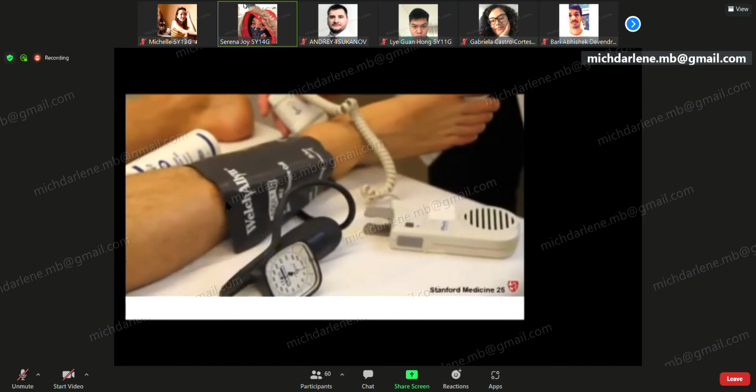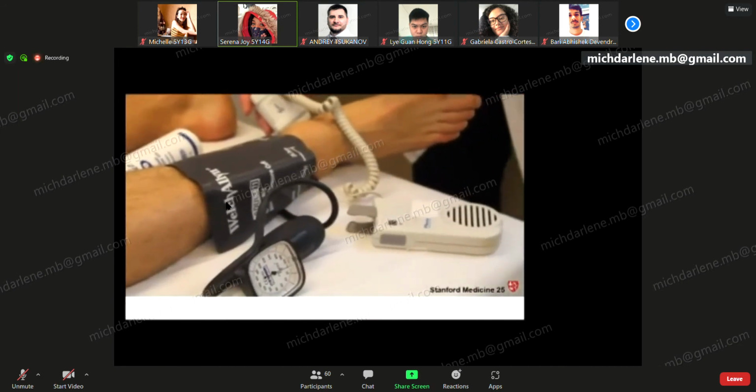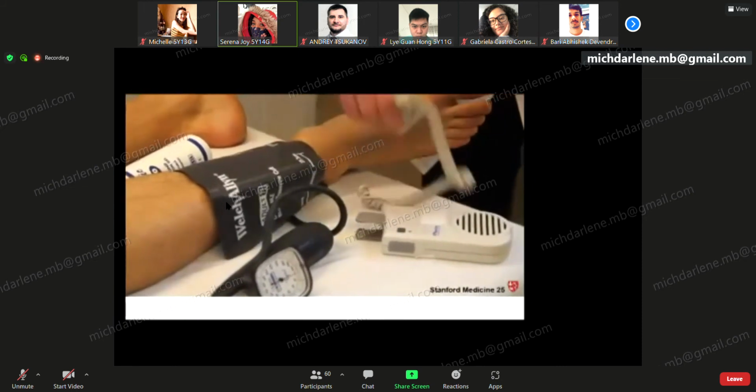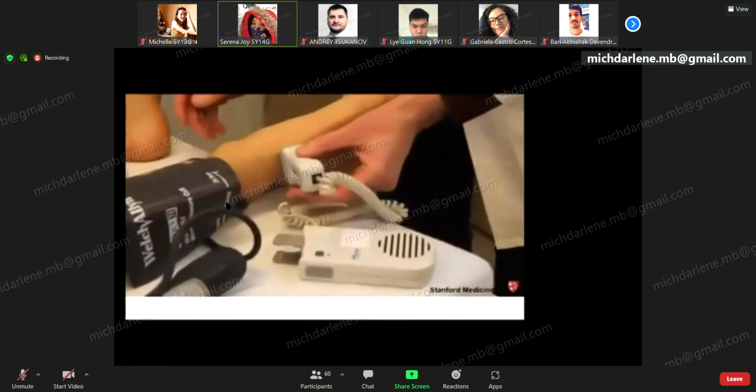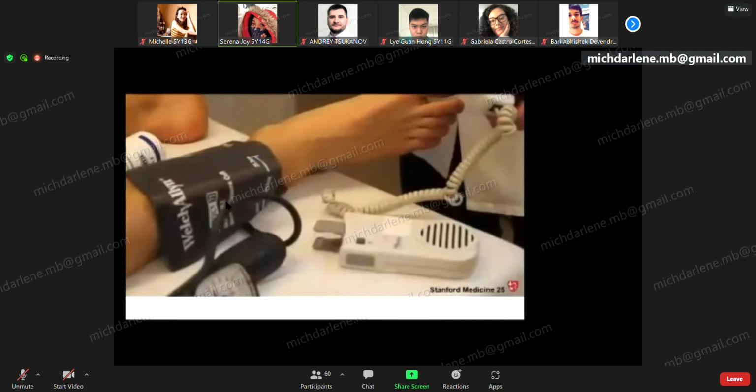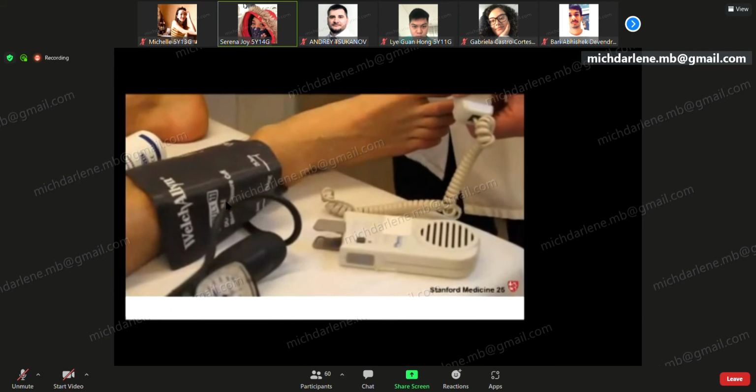Now, I've shown you how to do the posterior tibial pulse waveform, get the pressure there. You do the same thing over the anterior tibial. You do that for both pedal pulses in each extremity.